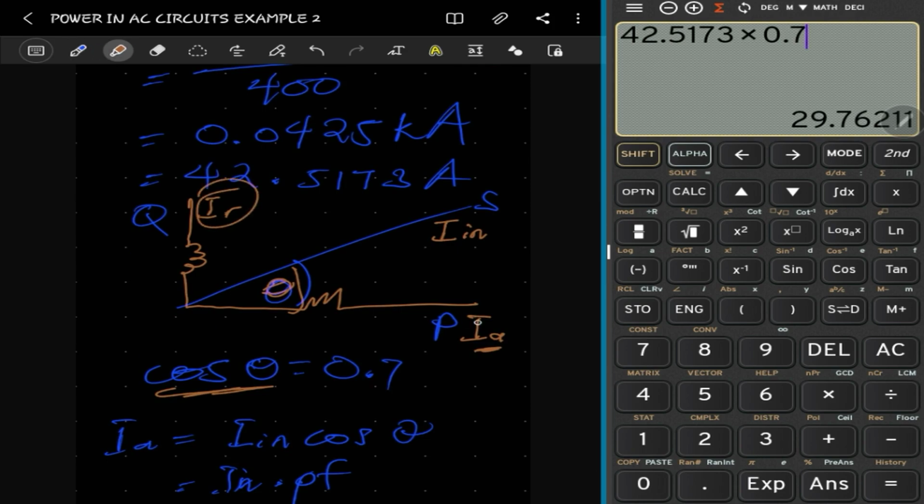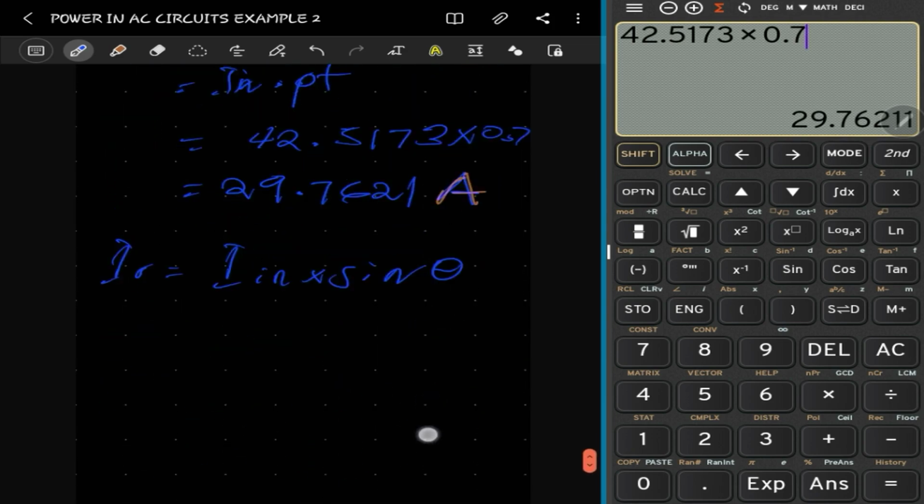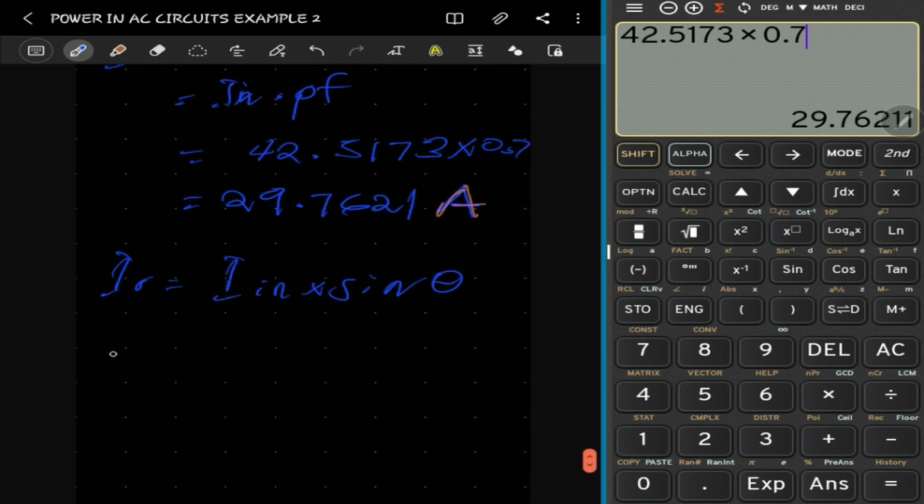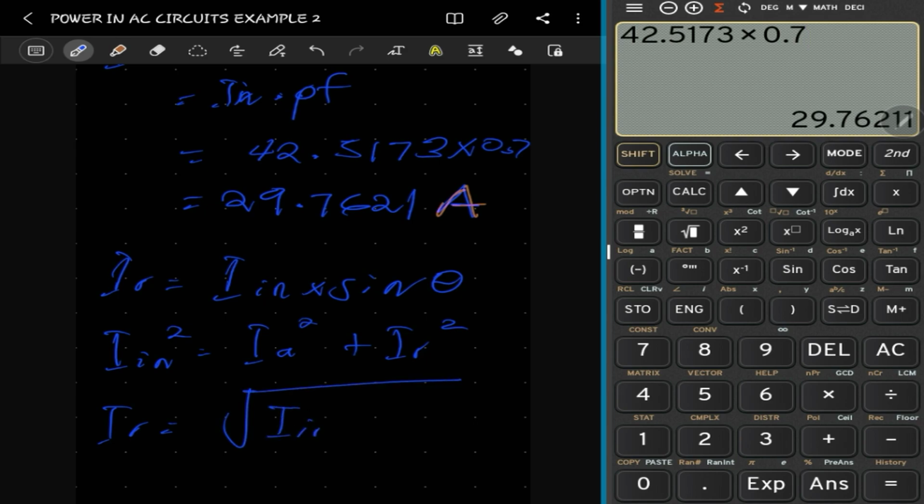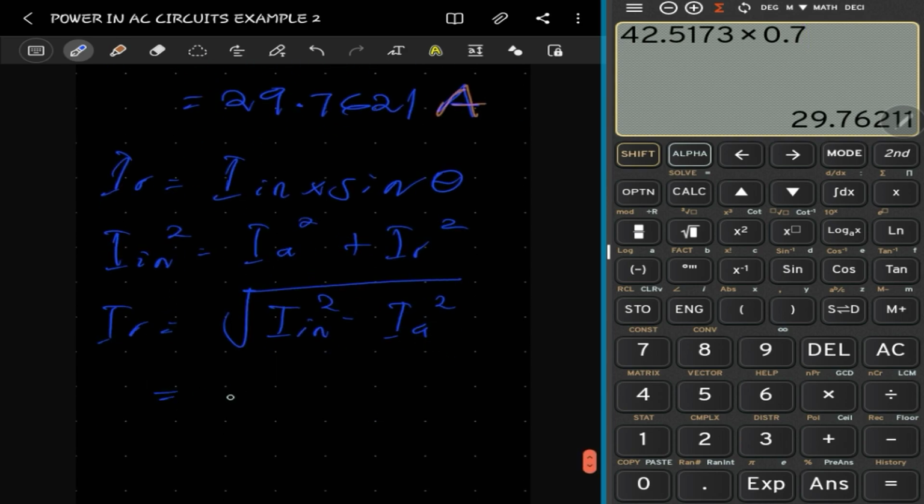We can do a triangle here, something related to Pythagoras. So the equation we can use is I in squared is equal to I active squared plus I reactive squared. So I reactive will be the square root of I in squared minus I active squared.